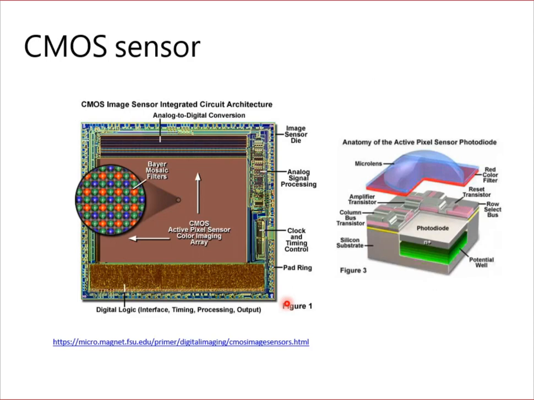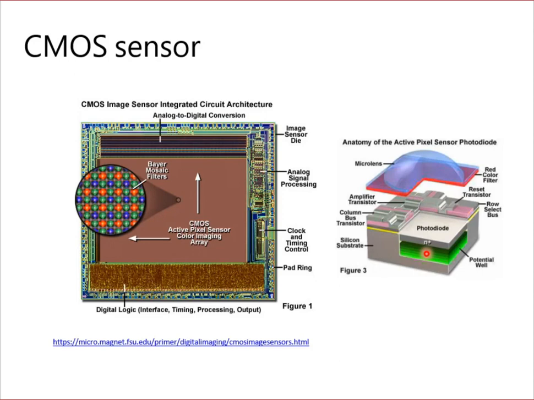Then this is the look of a CMOS image sensor. There are many circuits on the chip, and for every cell here, there is a potential well. This is the region where light will be converted into signals. And they are analog signals rather than digital signals. So then, different CMOS imaging manufacturers use analog to digital converters to generate digital signals for further use.